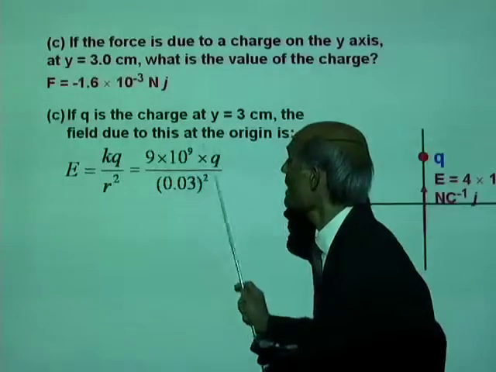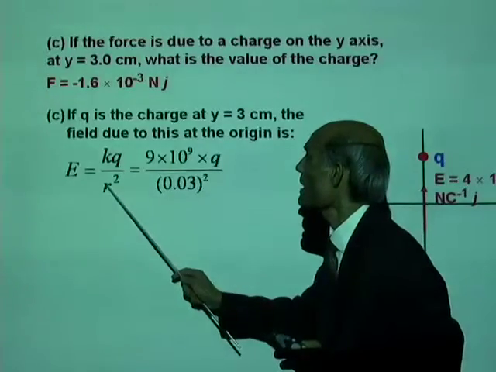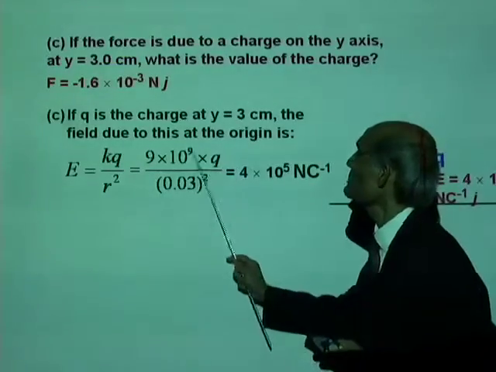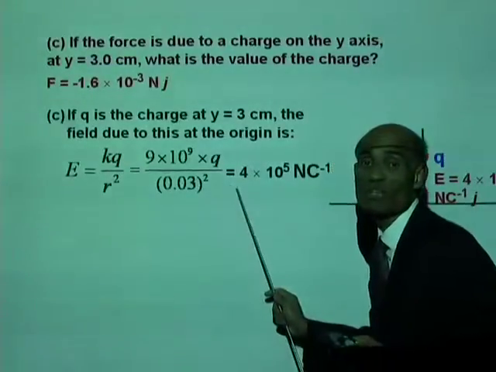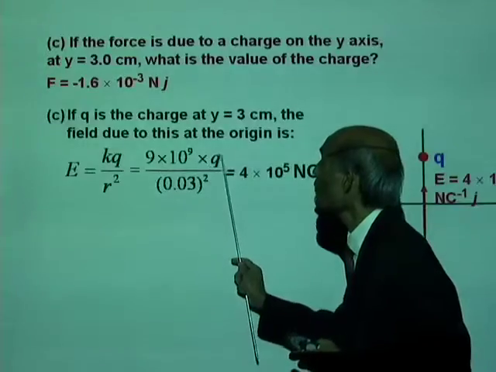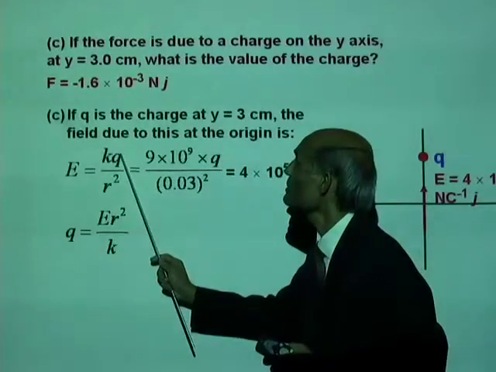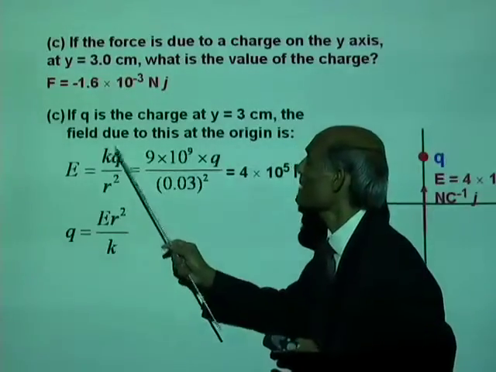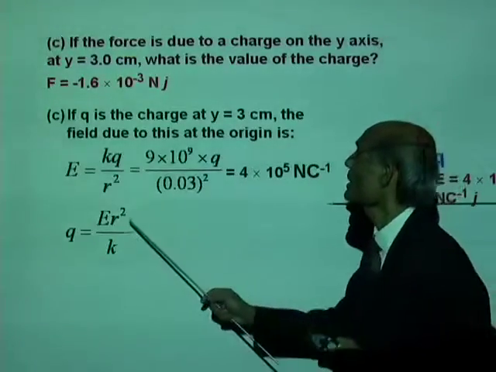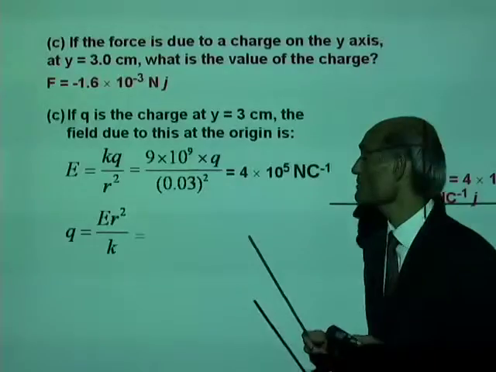So let's put the values in there. K is 9 times 10 to the 9 times Q divided by R squared, which is 0.03 all squared, and this quantity equals E, which is 4 times 10 to the 5 Newton per Coulomb. And now you can solve for Q. Q equal to E R squared divided by K. E is the electric field at the origin, R squared is 0.03 squared, and K we know.